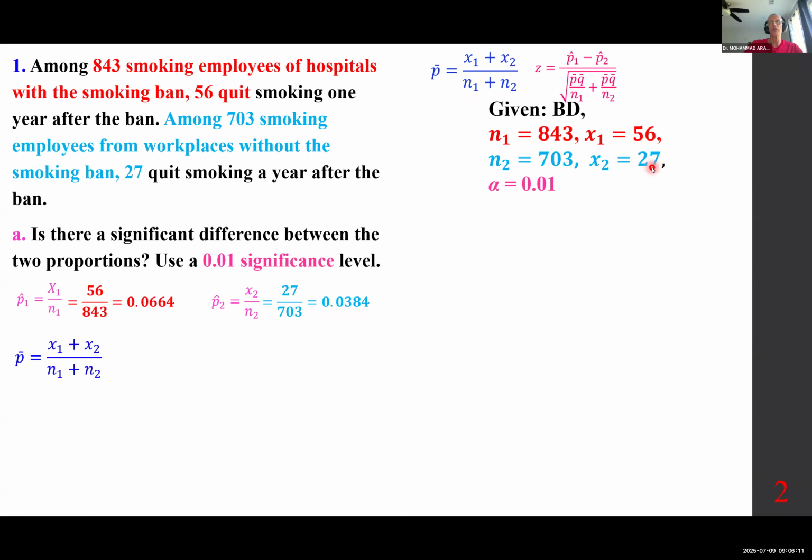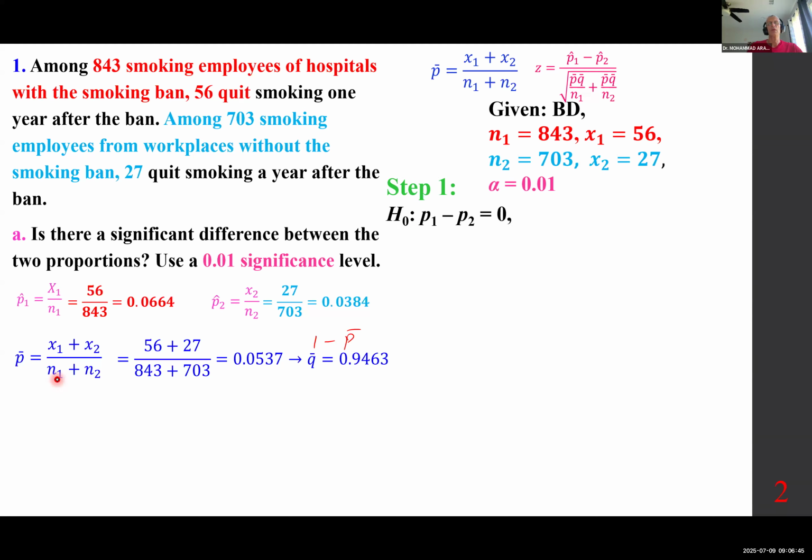So you're going to add them up and then divide it by N1 plus N2. And of course, as P is 1 minus Q, Q bar is 1 minus P bar as well. All right, and so let's go with test of hypothesis.